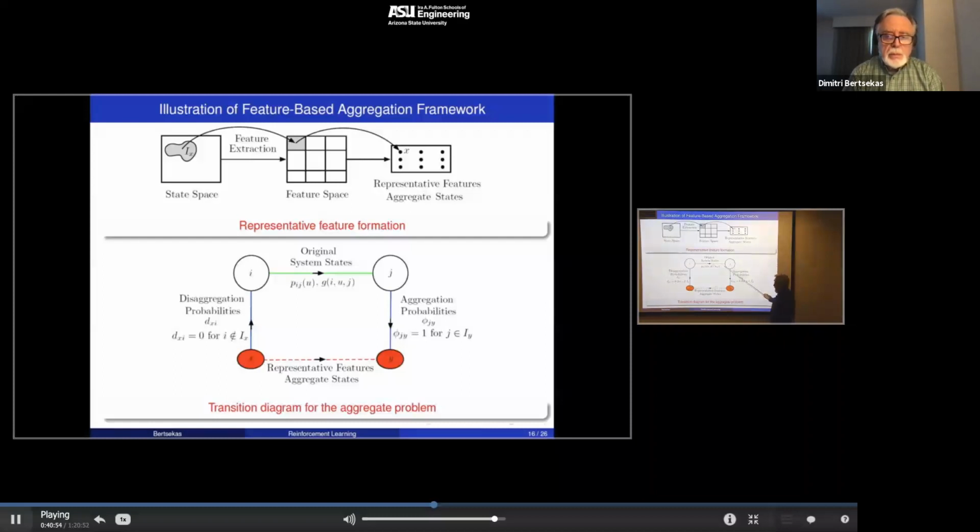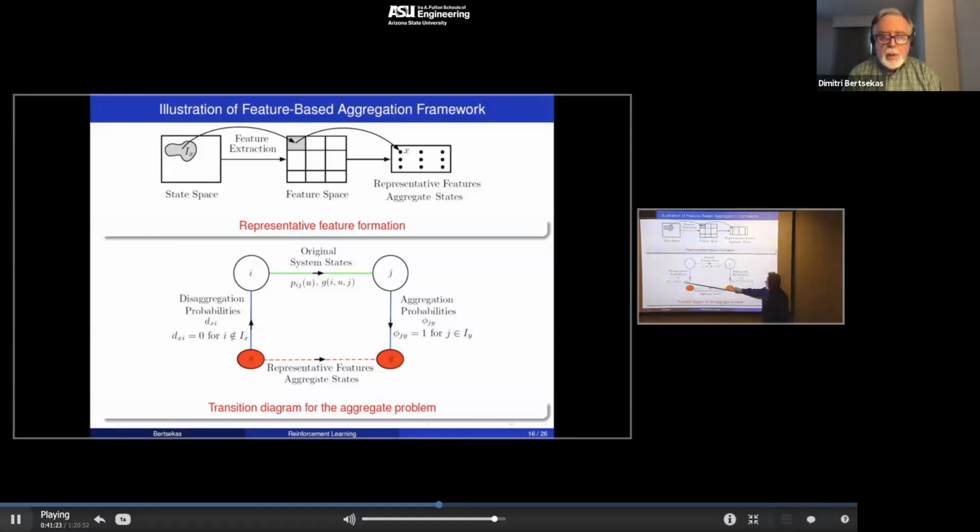So here's the figure that I had before, but enlarged somewhat. We have transitions from representative features to representative features, and from original states to original states. We map representative features into a subset of states, like this one, which almost have feature value equal to x. Then we go back here, and we use these aggregation probabilities.